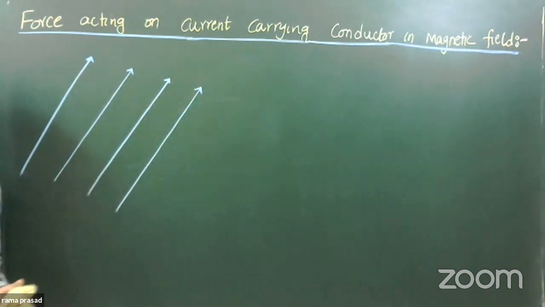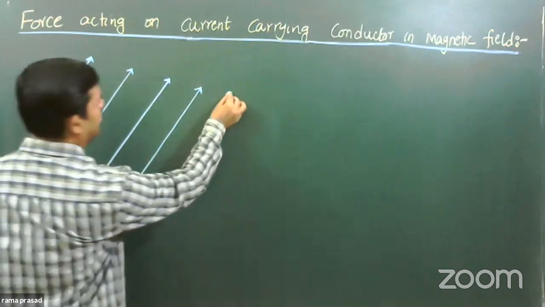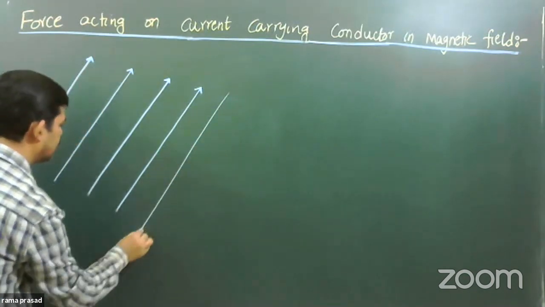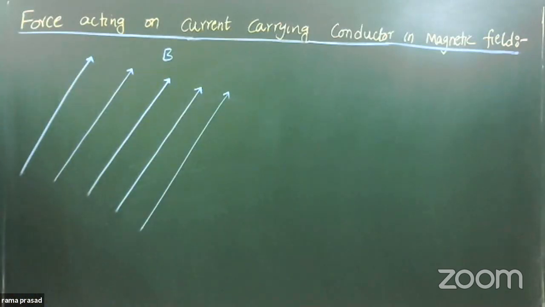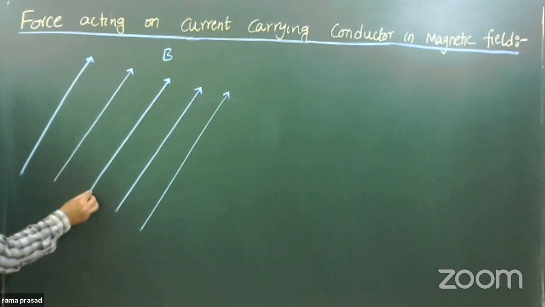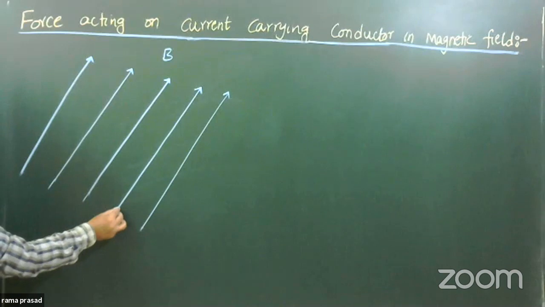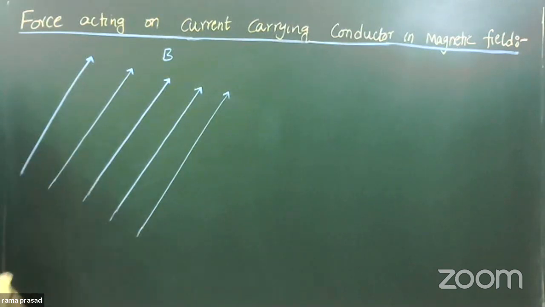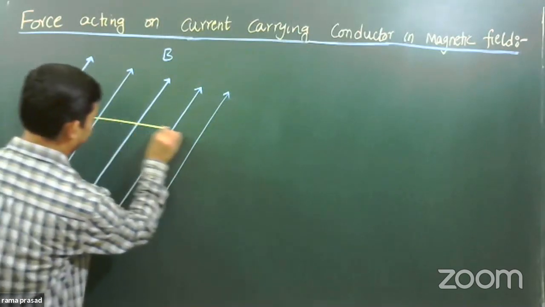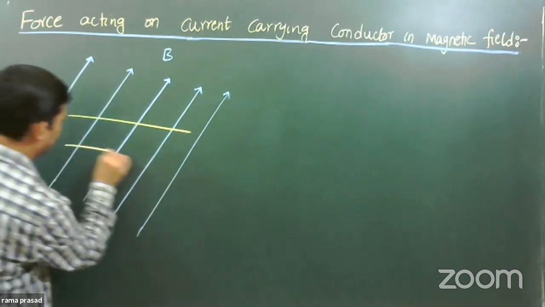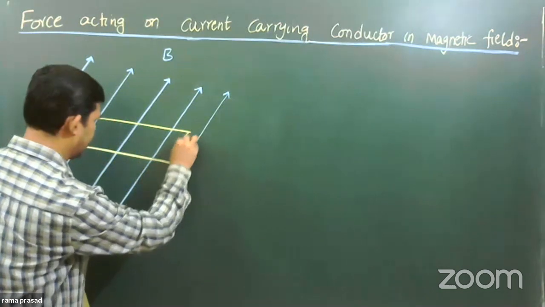That means the magnetic field is acting in this direction, B. In this magnetic field, a current carrying conductor is placed.